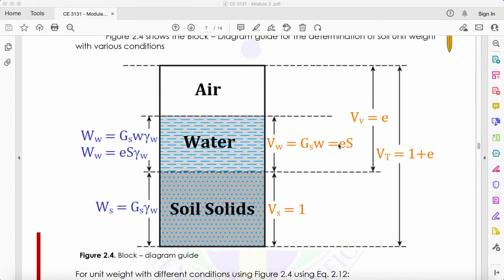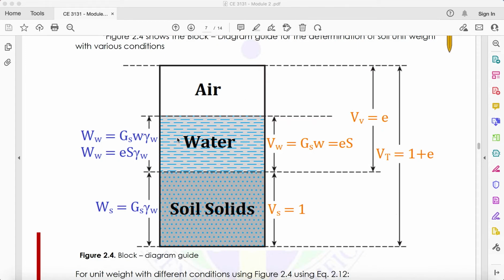It is also equivalent to the void ratio times the degree of saturation. Then kanina we were also able to solve for the volume total is equivalent to 1, because Vs here is 1, plus the void ratio of e.